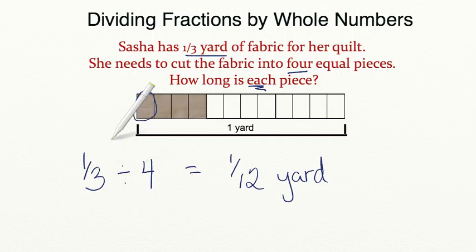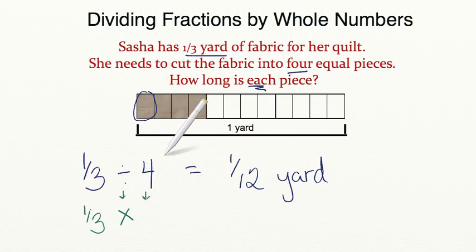We know that the opposite or inverse of division is multiplication. So another way that we can solve this problem is by doing the opposite. We're still going to start with 1/3, but instead of using division, we're going to switch to multiplication. That means that we also have to find the opposite or reciprocal of 4 wholes.